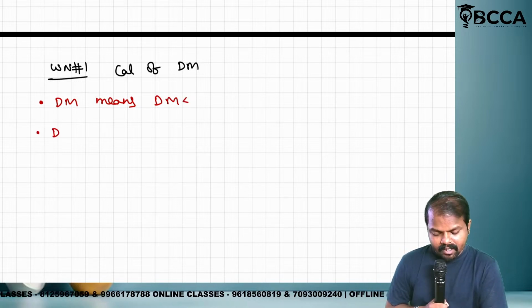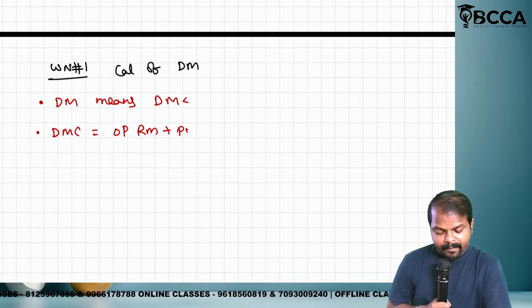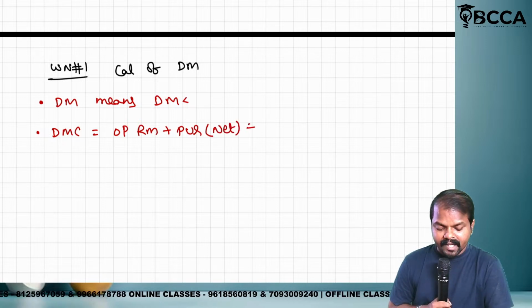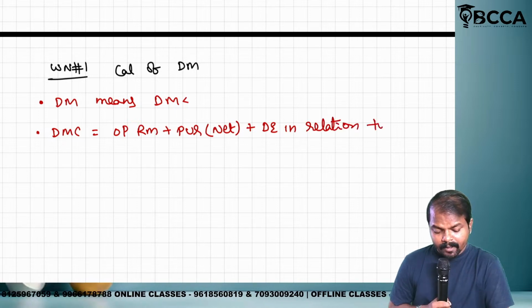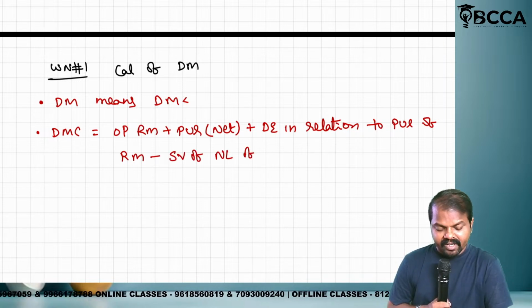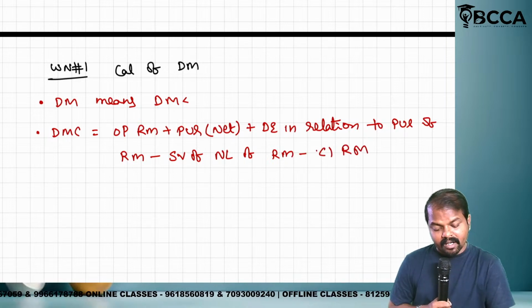Direct material consumed is equal to opening stock of raw material plus purchase of raw material in bracket net plus direct expense in relation to purchase of raw material minus salvage value of normal loss of raw material minus closing stock of raw material.